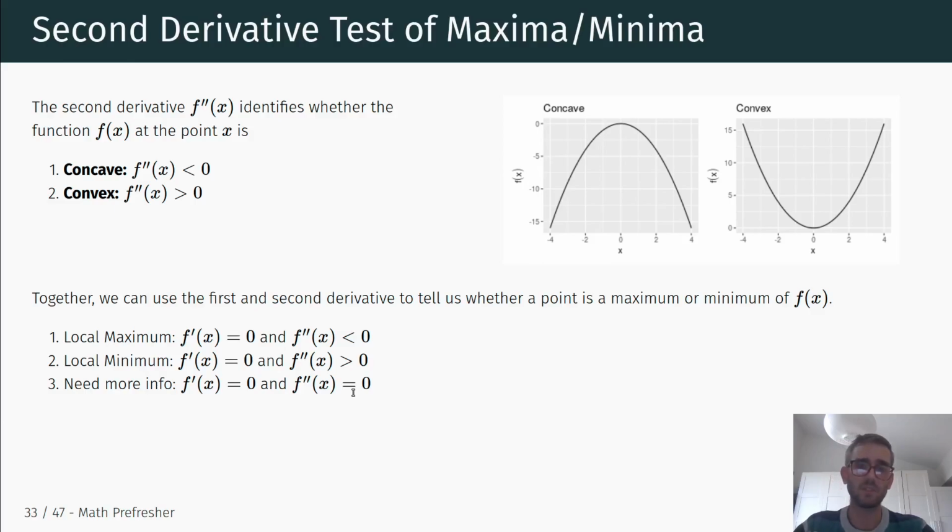But usually this is a saddle point where, for example, when we look at x cubed, even though the function has locally a slope of 0 at x equals 0, it is not a minimum or a maximum, because it's only locally a slope of 0, but it is basically increasing for x smaller than 0 and again increasing for x larger than 0, so it's not actually a minimum or a maximum.